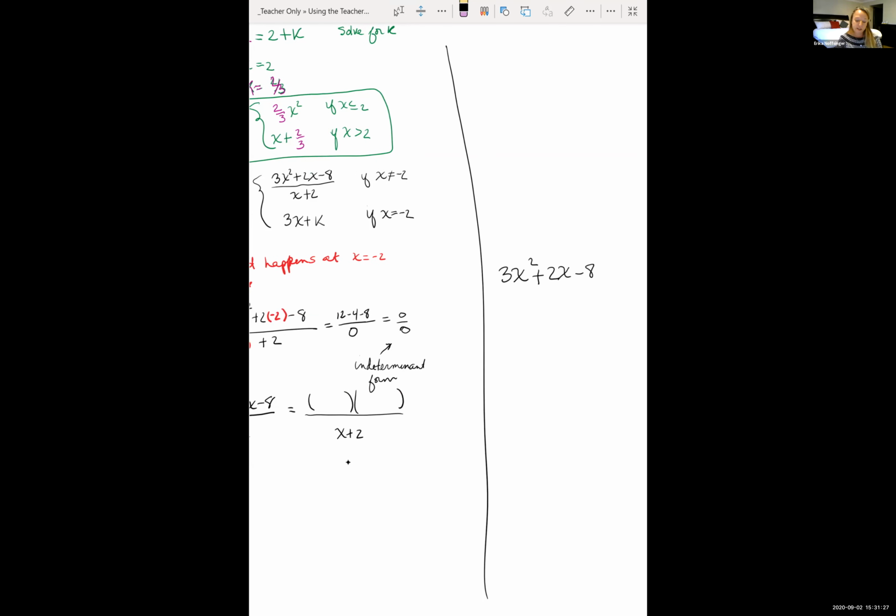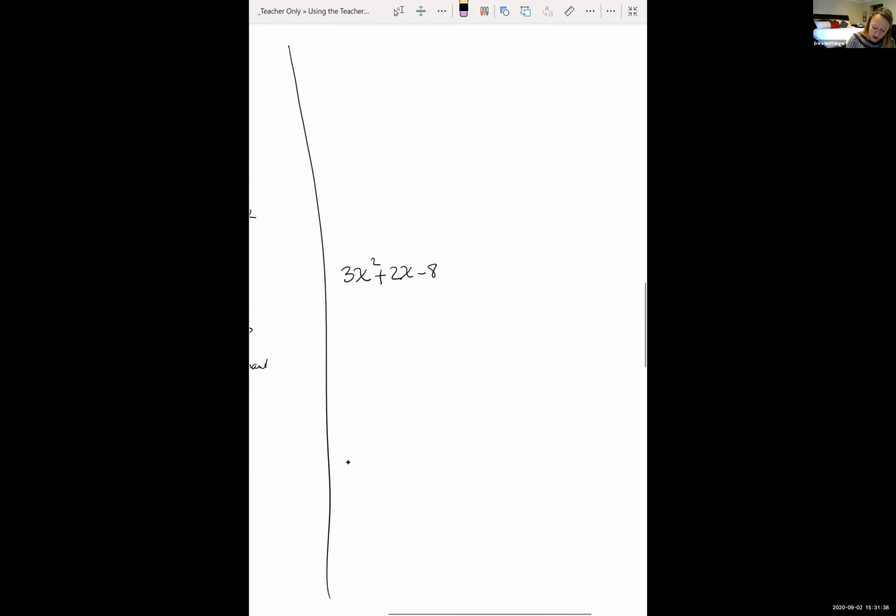Because my coefficient in front of the x squared is not 1, I can't just factor and see what multiplies to the constant and adds to this middle coefficient. Instead, I have to figure out what is my a value, which is 3 in this case, and multiply it times my c value, which is my constant, which is -8 in this case.